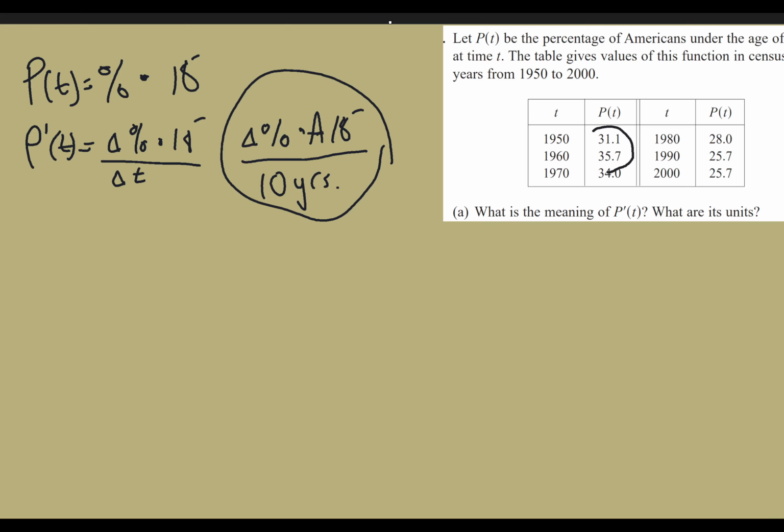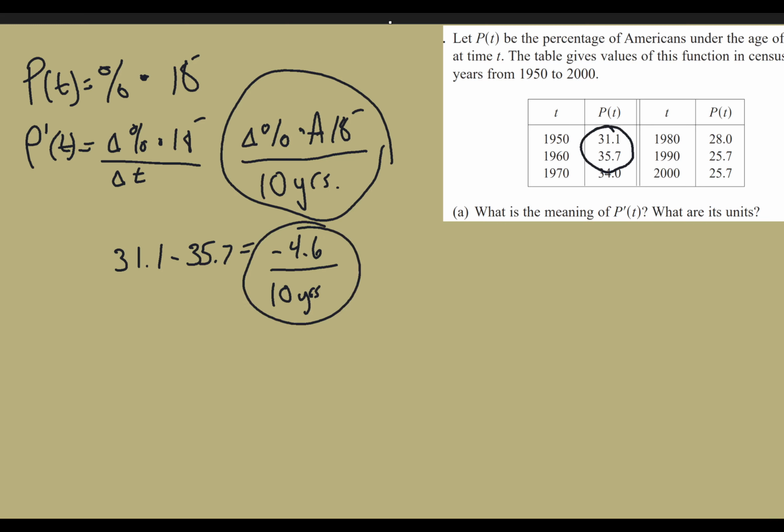Let's look at the first from 1950 to 1960. It would be 31.1 minus 35.7. And that's equal to what? Is that negative 4.6 or negative 4.8? I never do that math correctly, but I think it's negative 4.6 per 10 years. So this is going to be our answer.